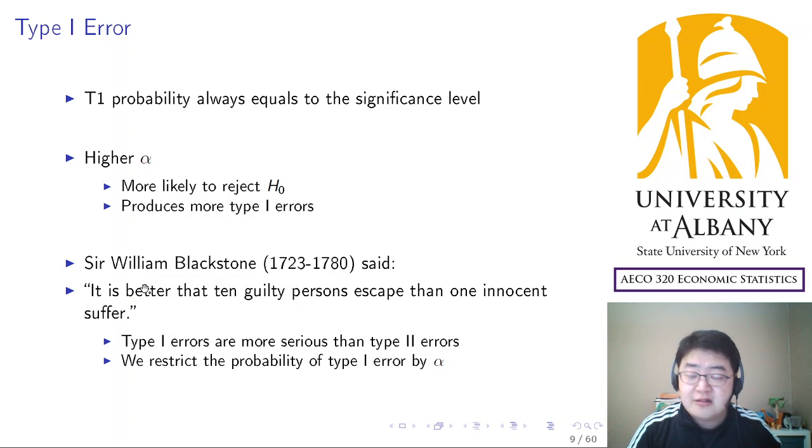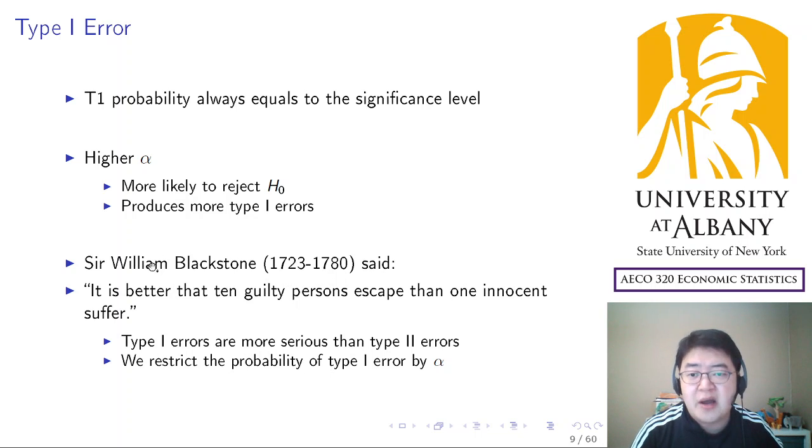In the modern legal system, usually type 1 error is considered a more serious problem. It is better that 10 guilty persons escape than 1 innocent suffers. Sir William Blackstone, a famous legal researcher, I guess, said type 1 error should be considered more seriously.